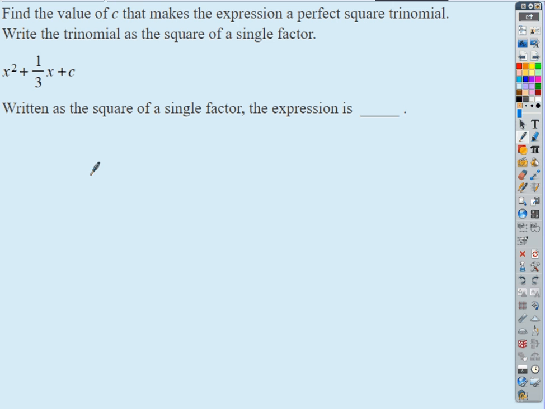If I write this in factored form, I get x, what? Plus what? 1/6. How come? Because it's half of b. What's half of 1/3? Well, 1/2 times 1/3 is 1/6.